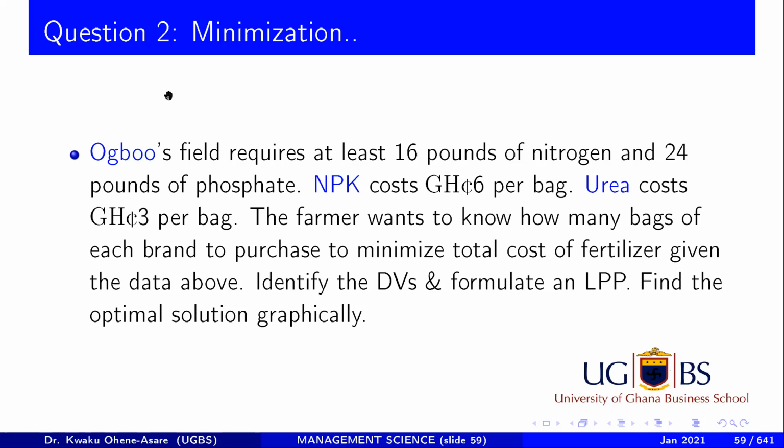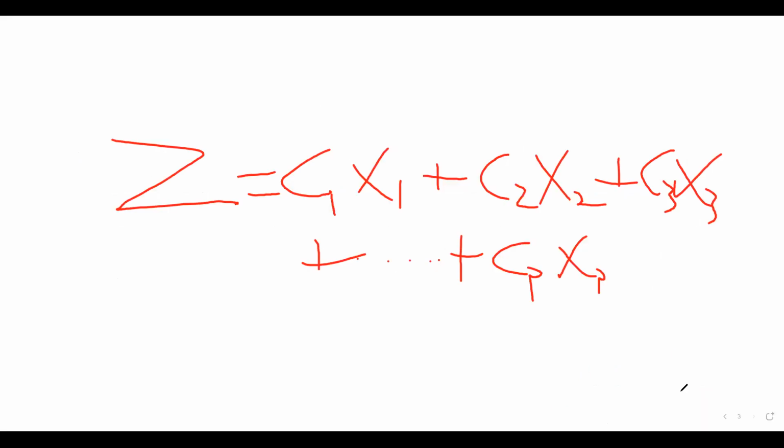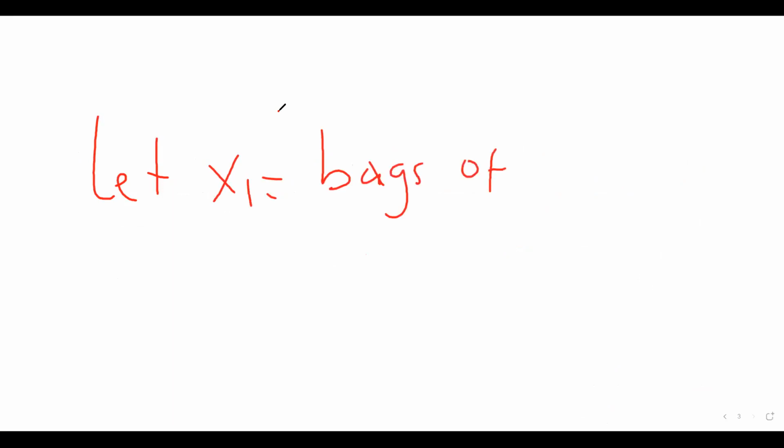So if you are writing your decision variables, you say let X1 be the number of bags of NPK, and X2 be equal to the number of bags of urea.